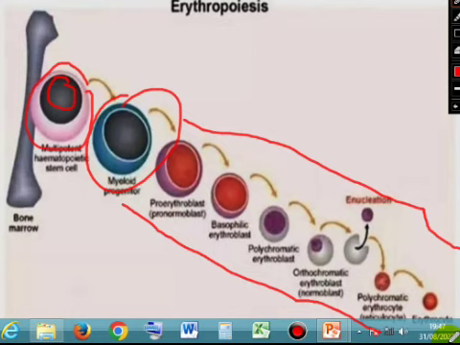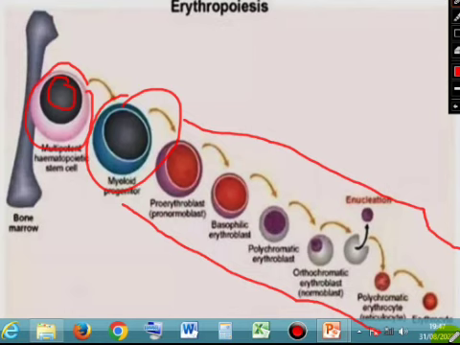And then the next thing you want to observe is cytoplasmic changes. Alright? So, cytoplasmic maturation. Initially, the cytoplasm of the red blood cells lacks hemoglobin. But as the red blood cell grows to maturity, hemoglobin appears.